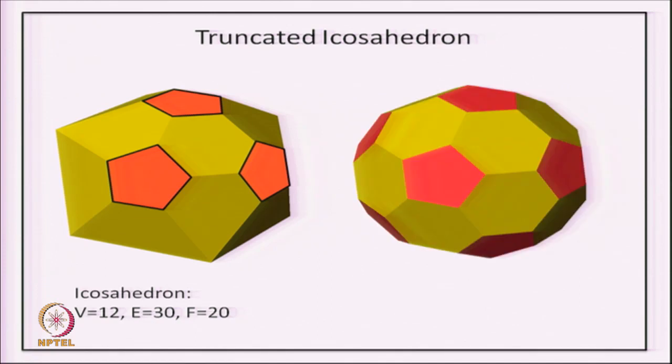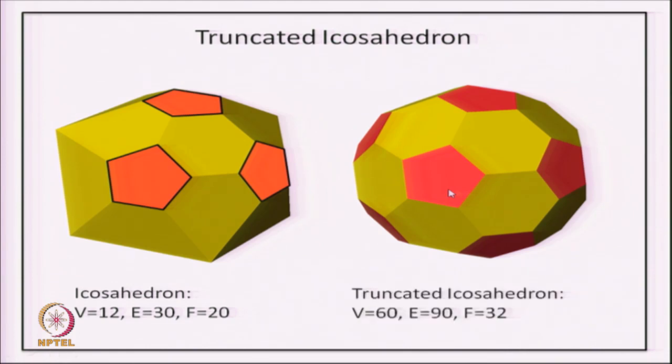I then get a truncated icosahedron, which is shown here. You can see these 12 pentagonal faces. The total number of faces is now 32, of which 12 are pentagonal and 20 are hexagonal.